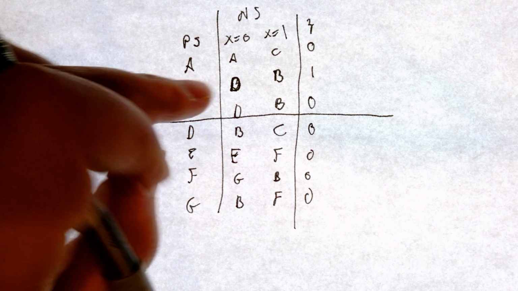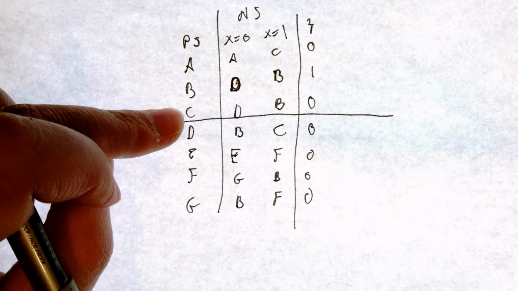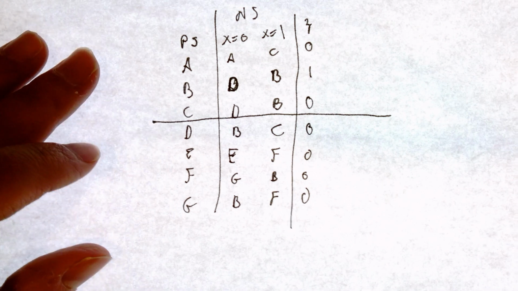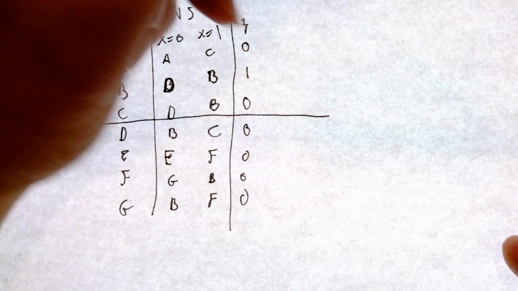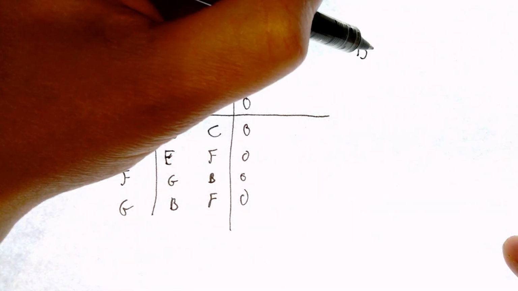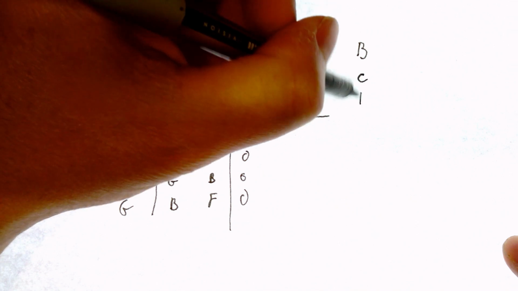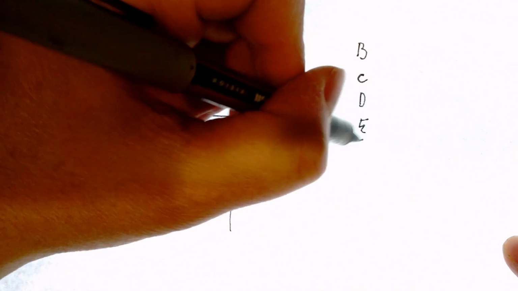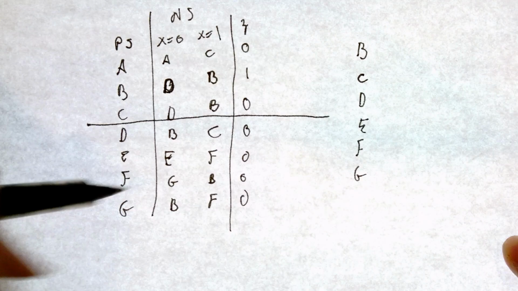You might be tempted to combine rows B and C, but you cannot because the outputs are different. So instead you use the so-called implication table method, starting from the second letter and working your way to G, B, and then starting from your first letter A and working down to F.